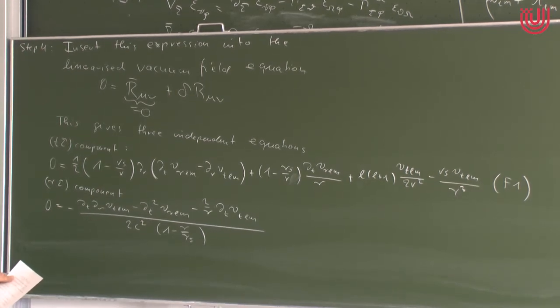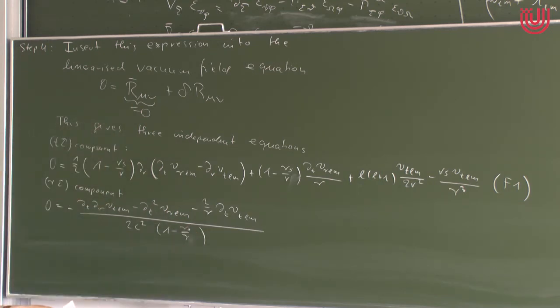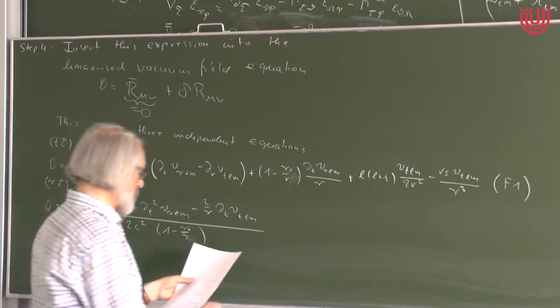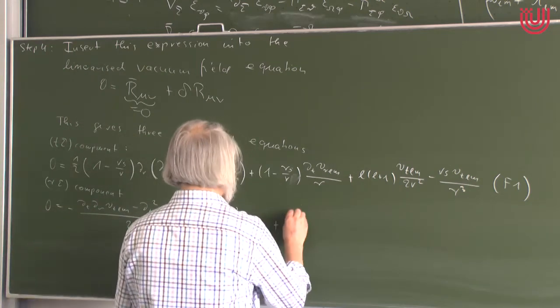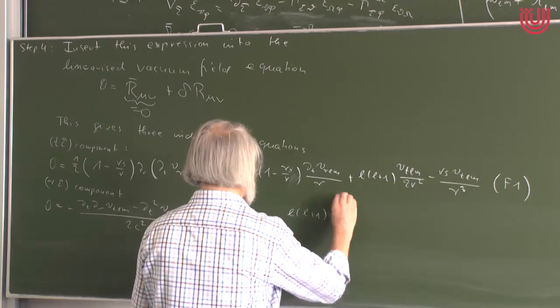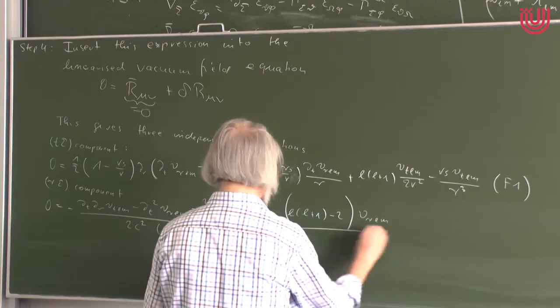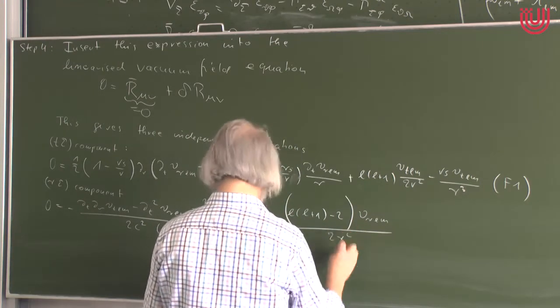At least that's what I've written here. Or is it again a misprint? No, I think it's again a misprint. I think it's again this here. Yes, I think so. Plus L times L plus 1 minus 2 VRLM divided by 2R squared.